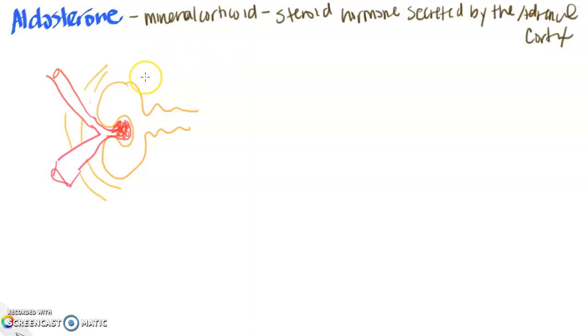So we need to kind of review what happens at the juxtaglomerular apparatus. So I drew this here, and we know that there are cells here. So these are cells in the distal convoluted tubule, and those are called macula densa cells.